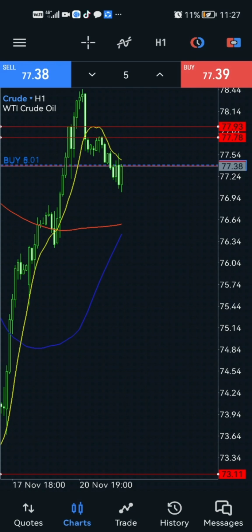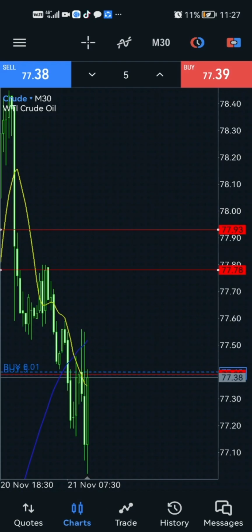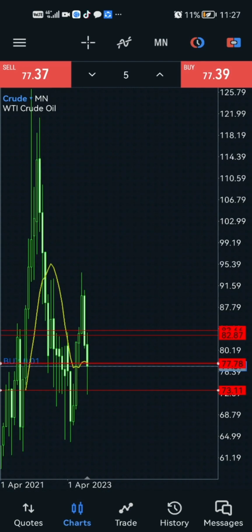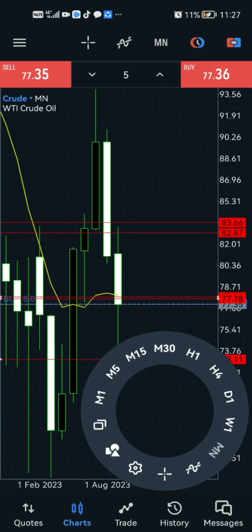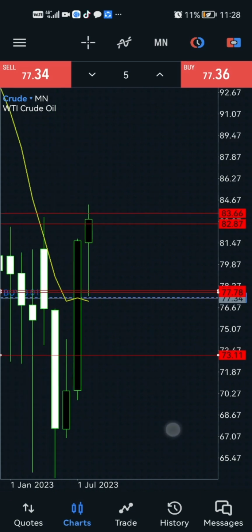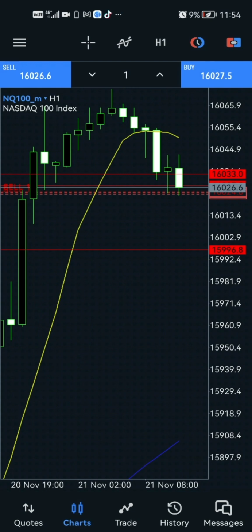It'll probably come up to around 77.9, so 78, and then hopefully make a U-turn there. For the month we're buying, it's actually around the moving average, so it will probably go up to there, and then we can look to carry on selling, since for the month, price has just been selling. All right, let's see how it goes.